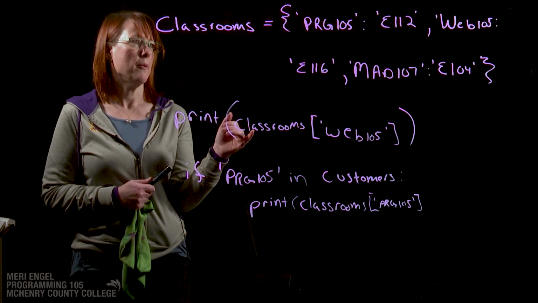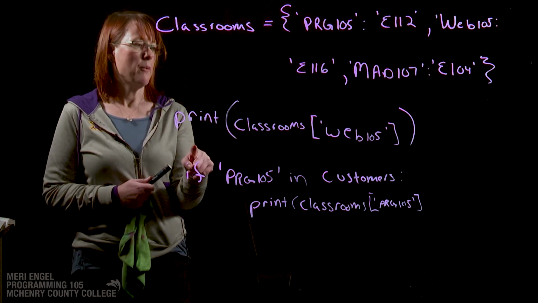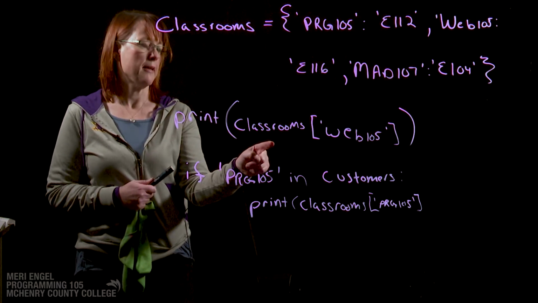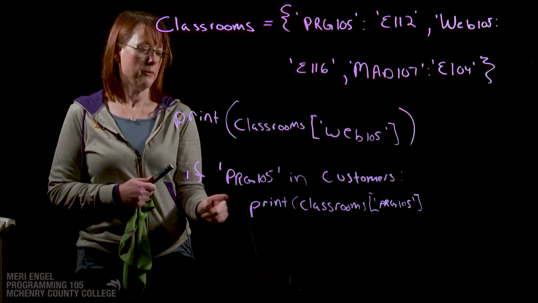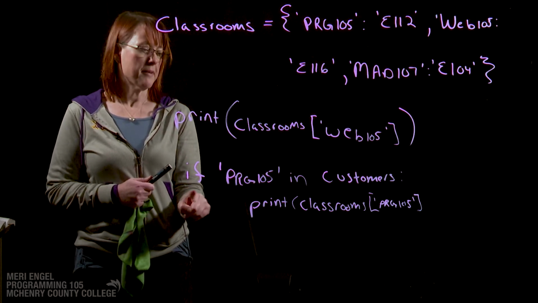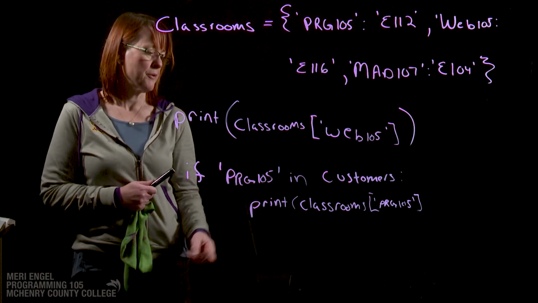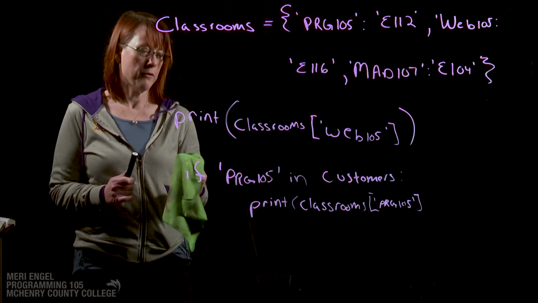They're paired that way. If I want to print them, I do a print classrooms, that's the dictionary name, and then the key value. I can do if statements. If Programming 105 is in classrooms, then we can print the value for it there.